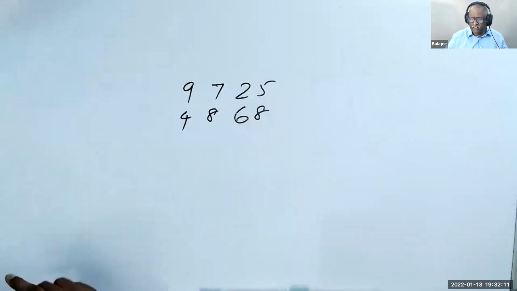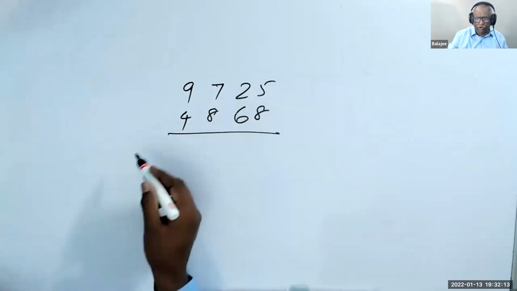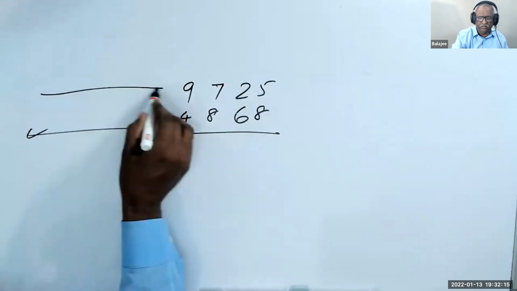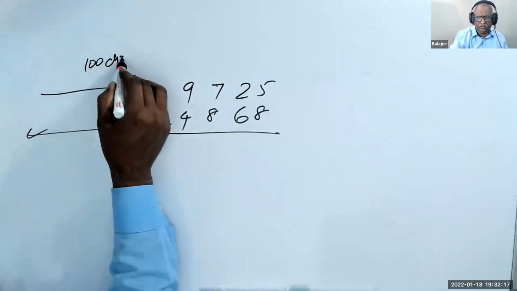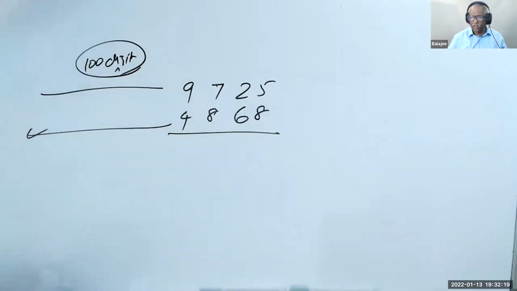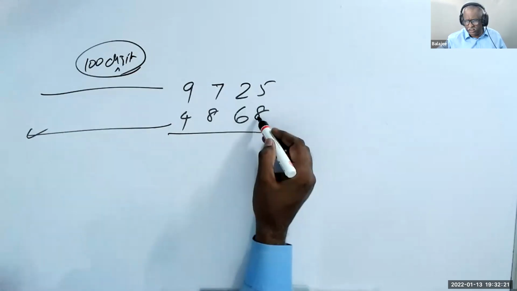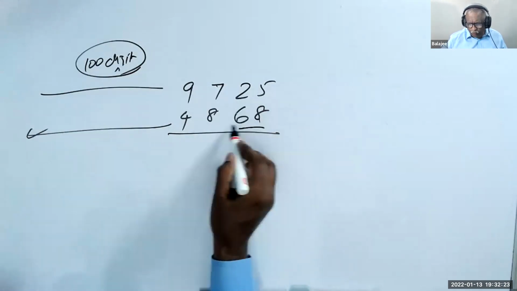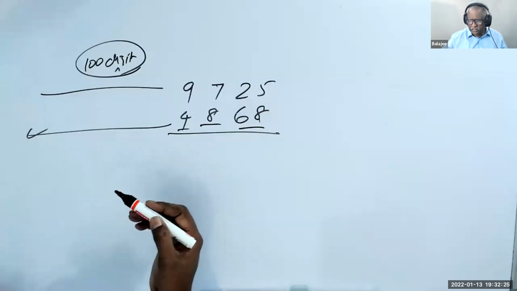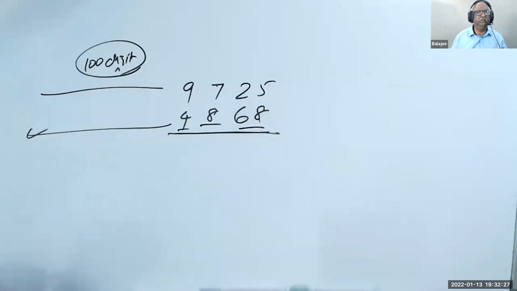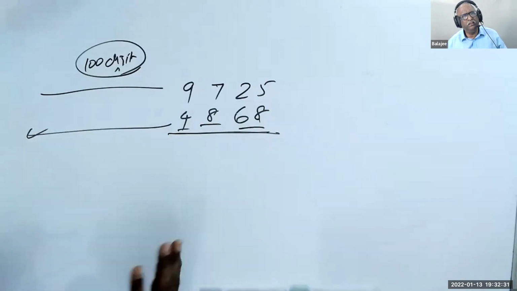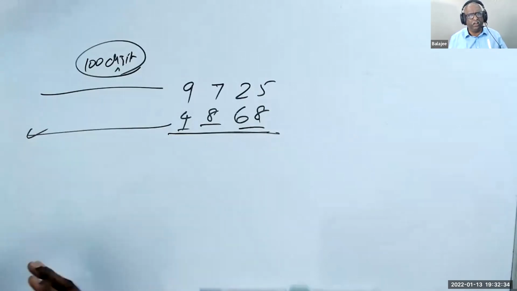But the schools teach only this. They don't teach you how to add 100 digits. The moment you know 4 digits, you know you can do 100 digits. That's a small trick.